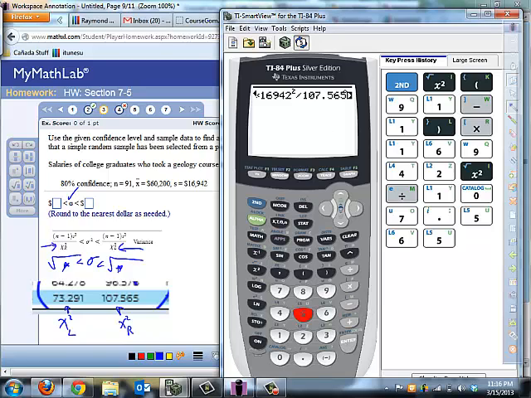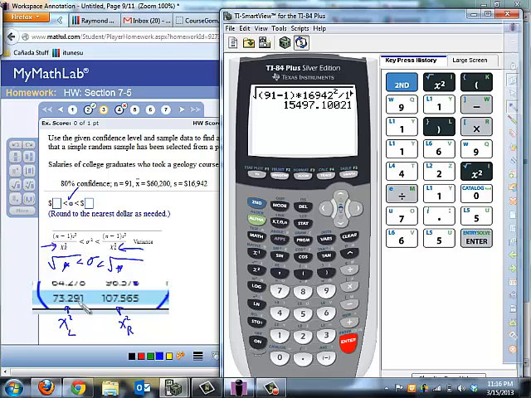Okay, that should be it. This is all under square root. Press enter. And then we got 15,497.1. I guess we want to round to the nearest dollar, so we'll just say 15,497.